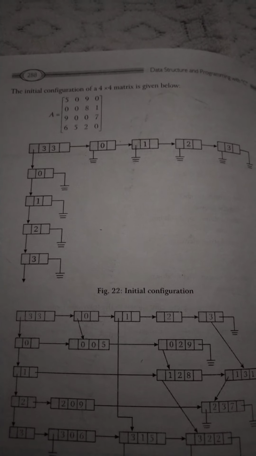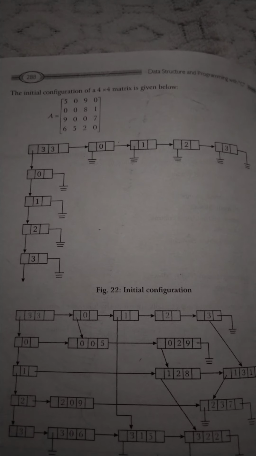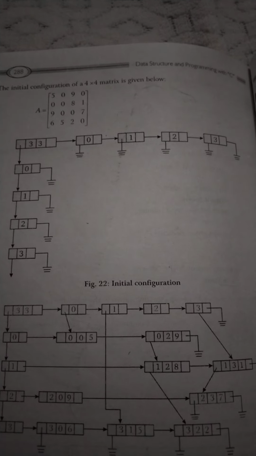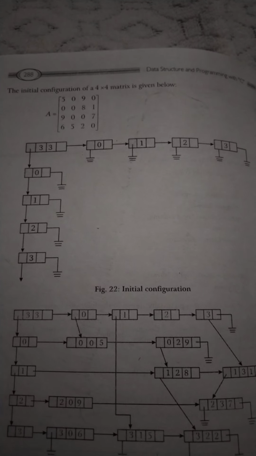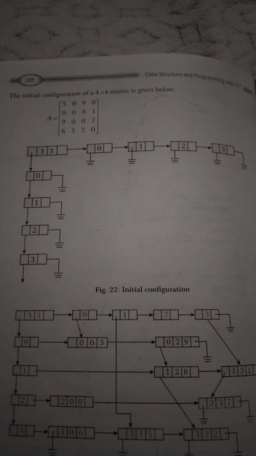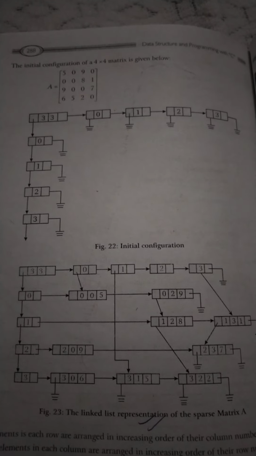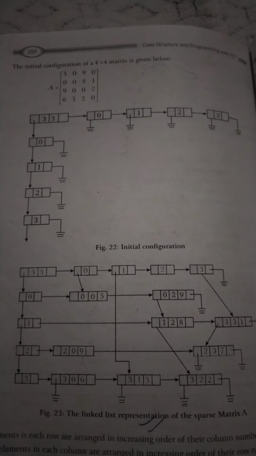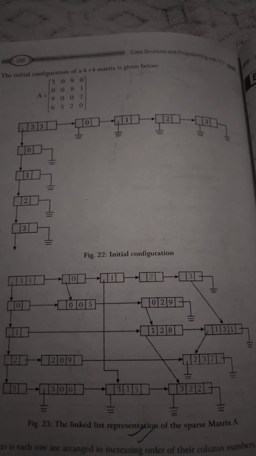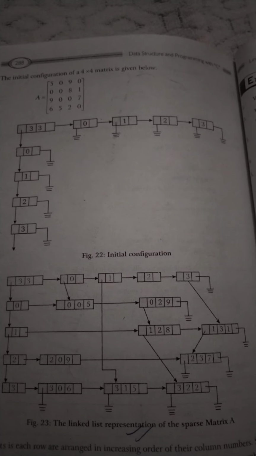It shows 0 1 2 3, 0 1 2 3. In this entry it says 0 0 5.